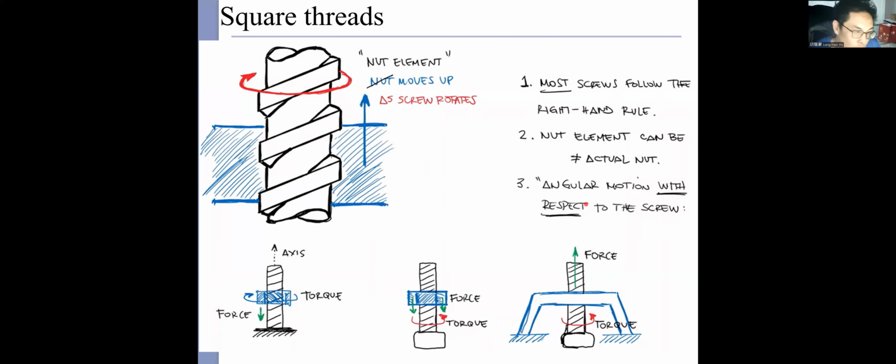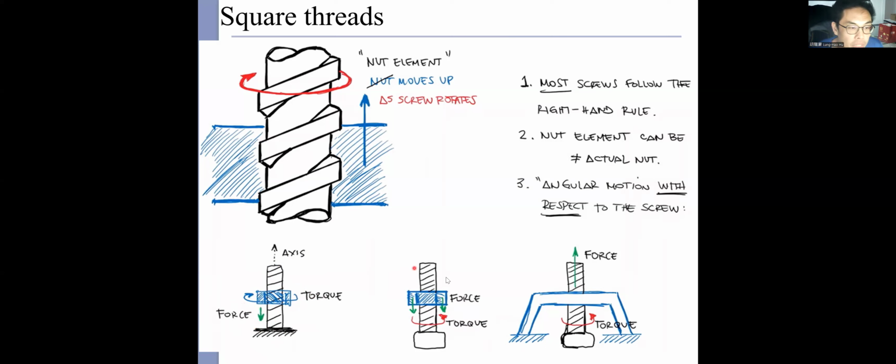Suppose we have the power screw, and one end is fixed. When we rotate only this nut element, it will move down following the right hand rule.